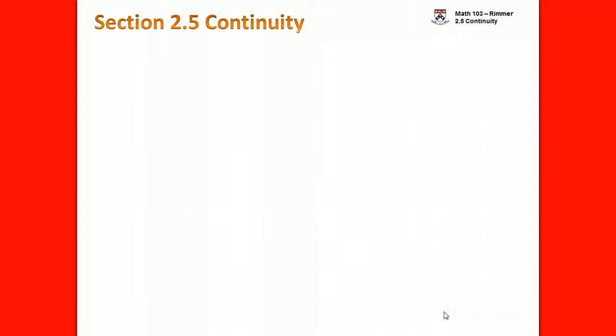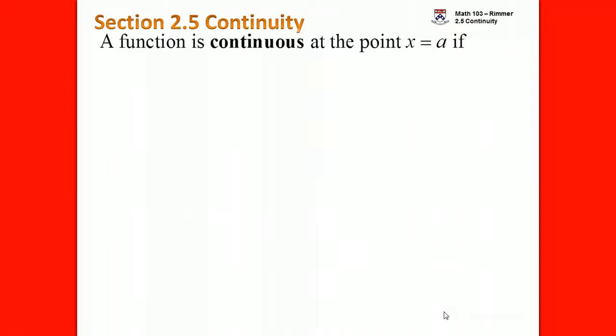In section 2.5, we look at continuity. What does it mean? A function is called continuous at a point, x equals a, if the following is true. There are 2 equalities that need to be true. The first is that the left-hand limit has to equal the right-hand limit. That says the limit needs to exist there. We talked about that about a week ago.